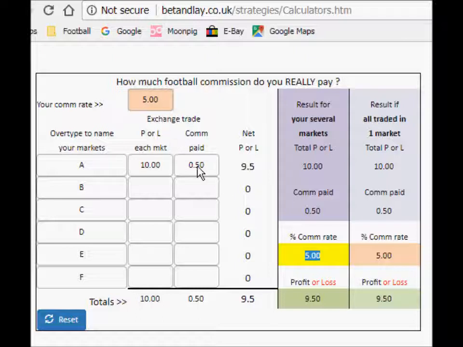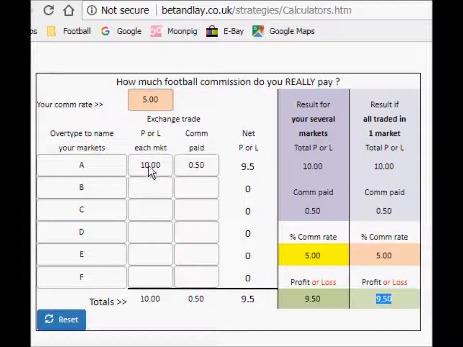So we know we've paid 5% on this one single trade, and this far column here combines all those markets that you enter as if they were all in one market, and shows what would happen if you just paid at your commission rate. So the commission rate you're putting up there in orange is simply copied to there, and your profit and loss here is worked out as if all your trade had been done in a single market.